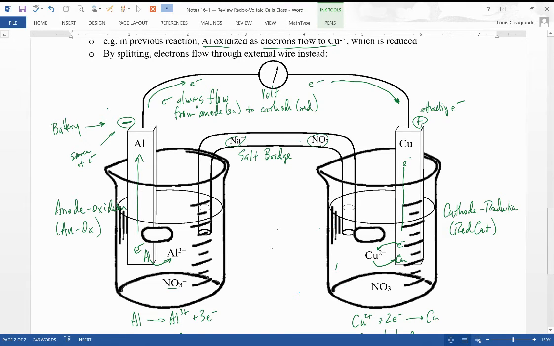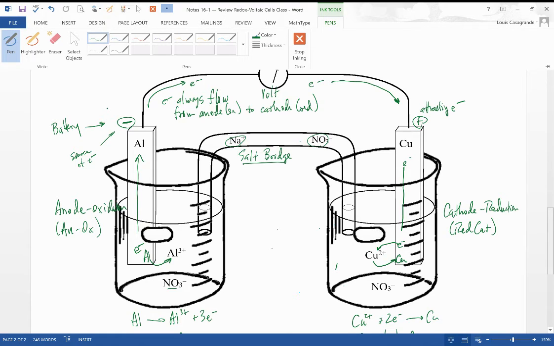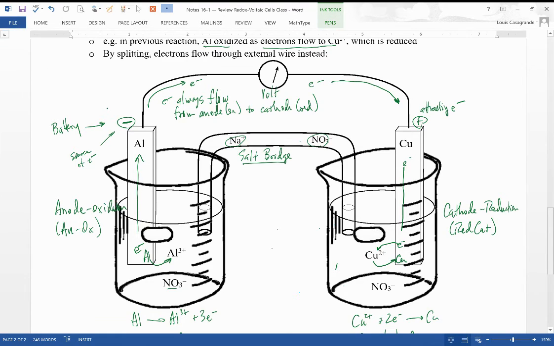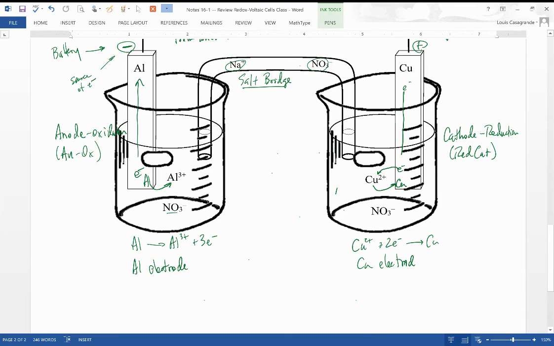What is the salt bridge needed for? Well, let's talk about what would happen if we didn't have the salt bridge. In the anode, as we lost those electrons, the anode would build positive charge.